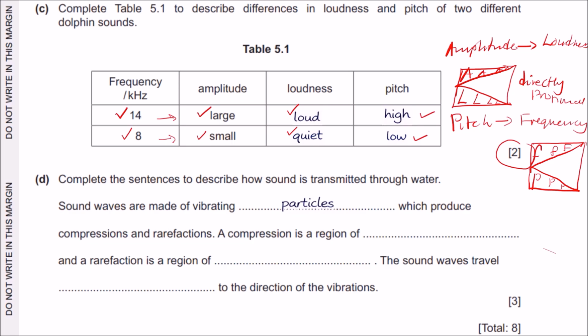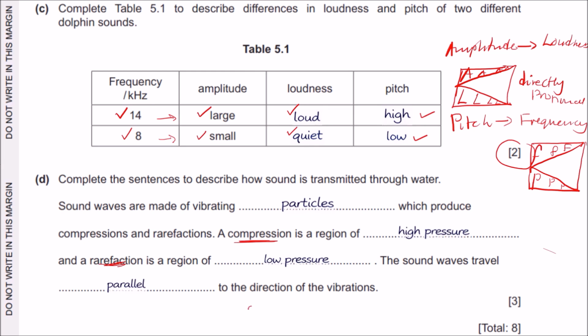A compression is defined as a region of high pressure where particles are closer together than normal, and a rarefaction is defined as a region of low pressure where particles are further apart than normal. The sound wave travels parallel to the direction of vibrations. Sound is a longitudinal wave, so the vibrations and the direction of propagation are parallel to each other.